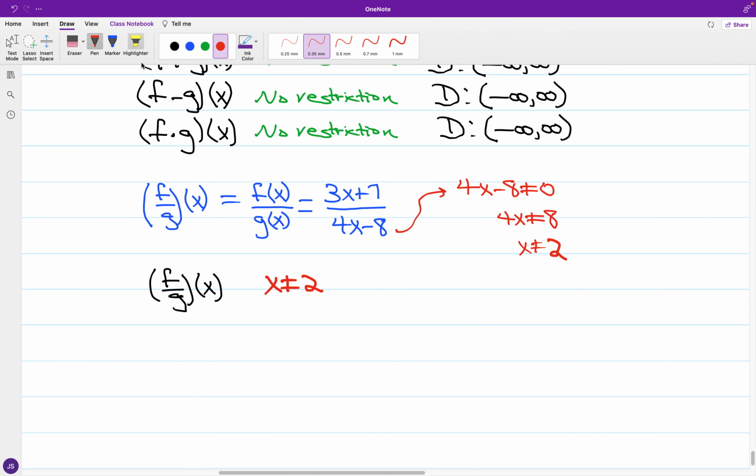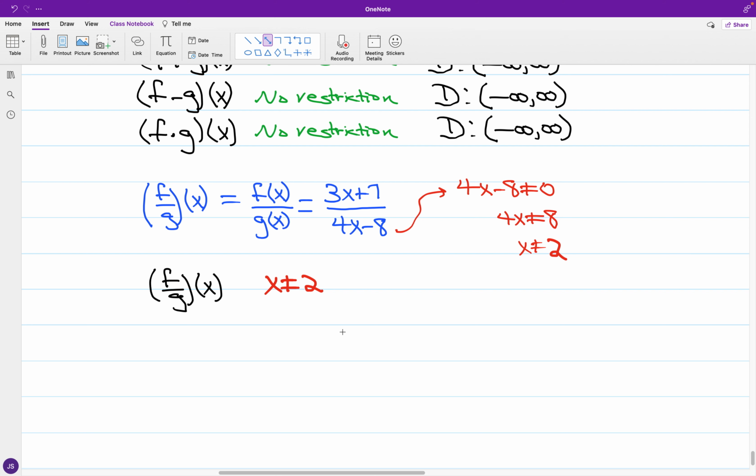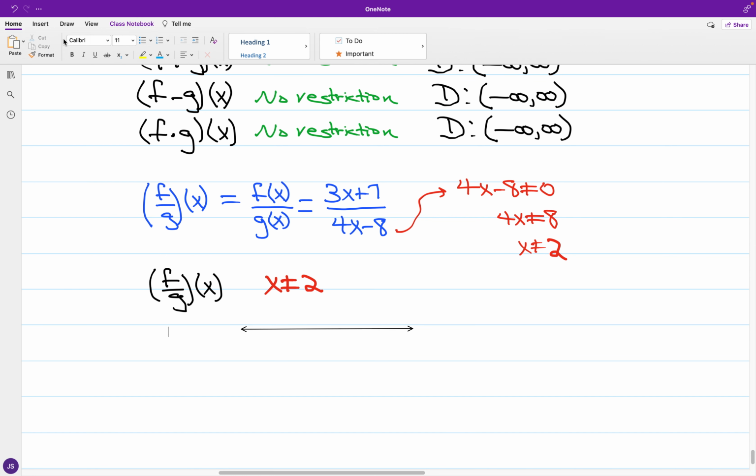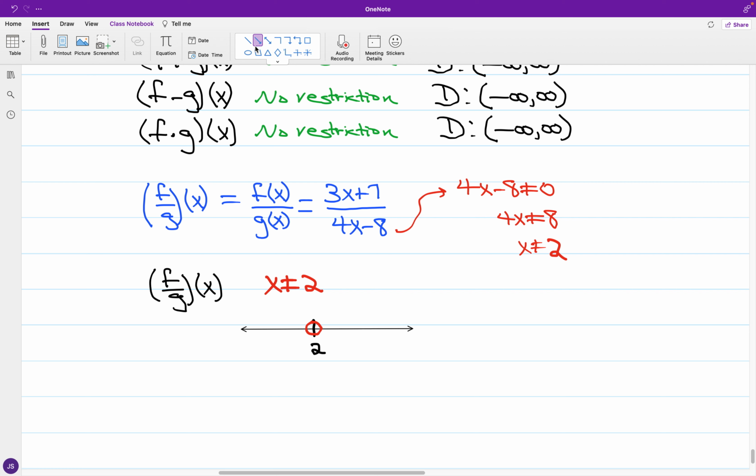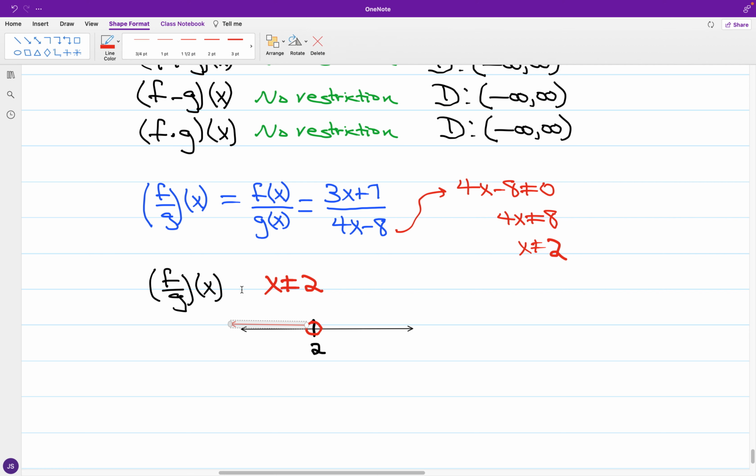So x cannot be 2, and so 2 is excluded. The values that will be in the domain will be those values less than 2 and those greater.